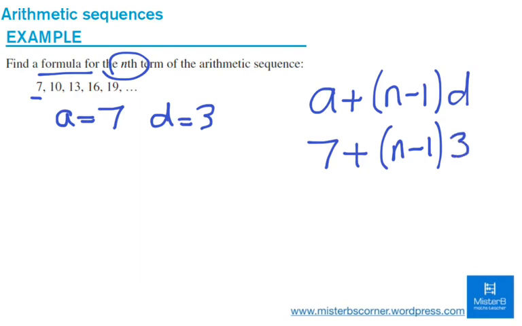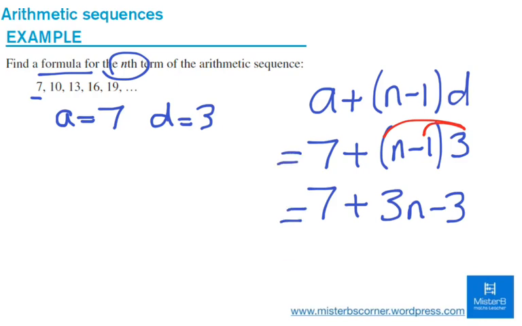So if I expand this, I'm going to get 7 plus 3n minus 3, which will be 3n plus 4. So that's the nth term, or the general formula.